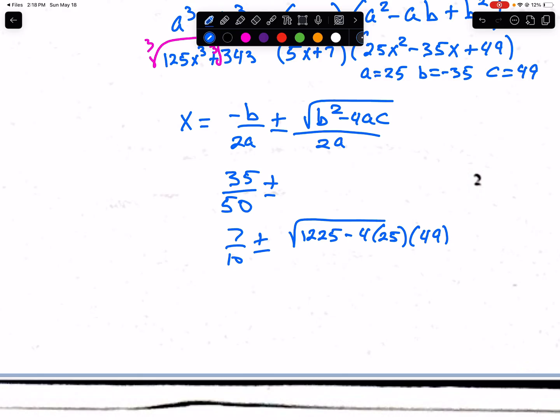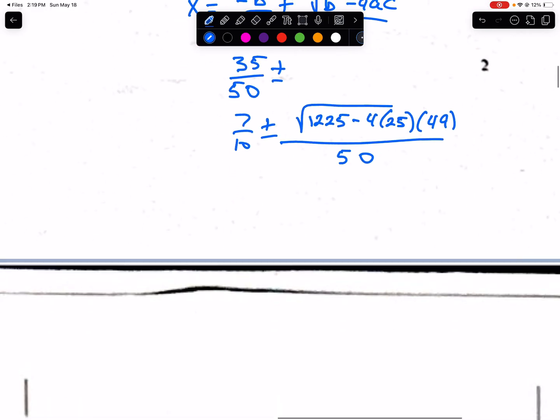So this is all over 50. So 7 over 10 plus or minus. So I'm going to do 1,225 minus 4,900, which is negative 3,675.